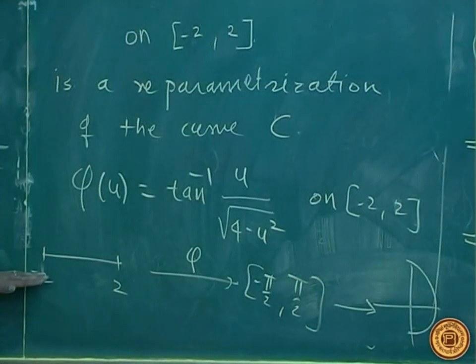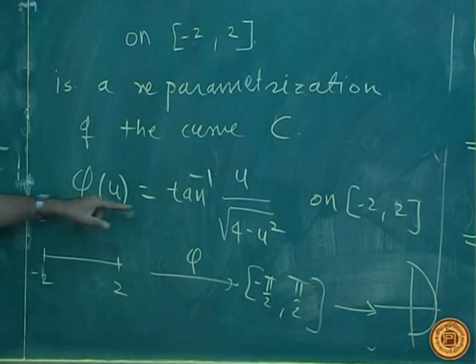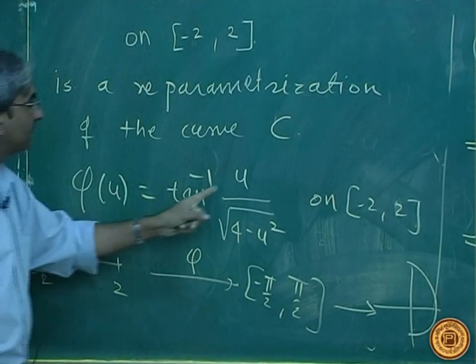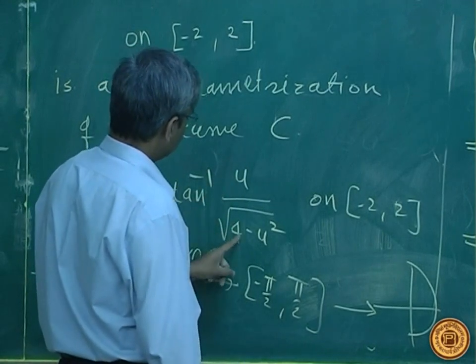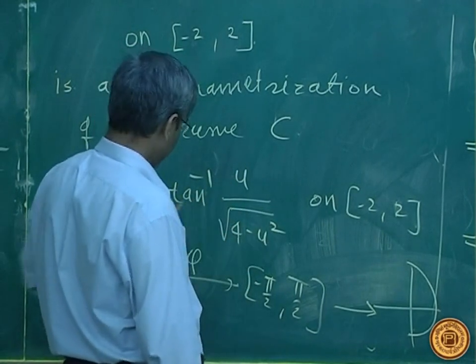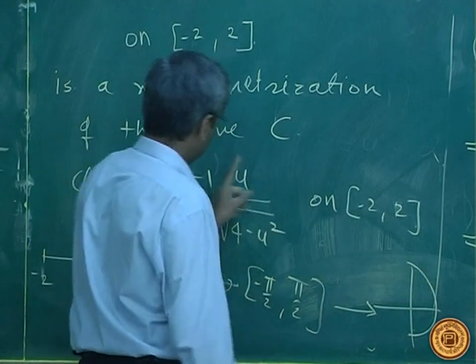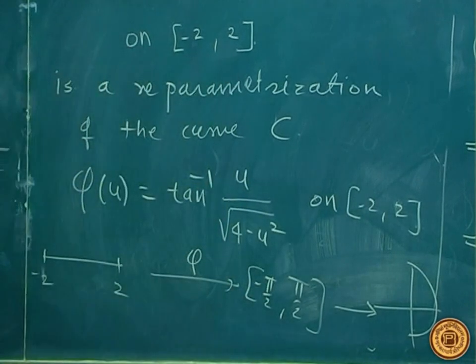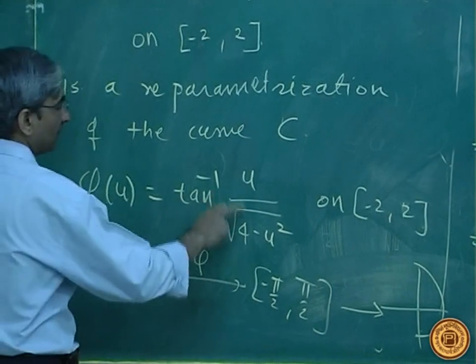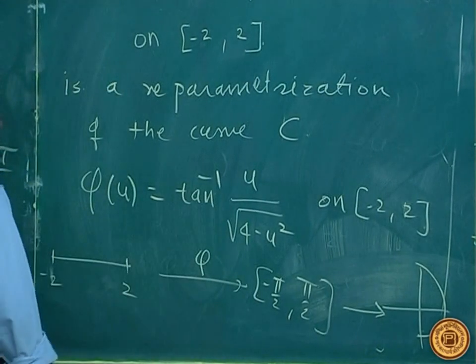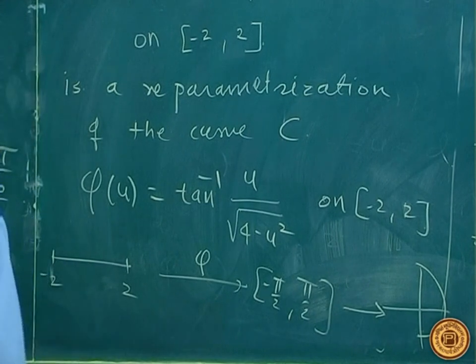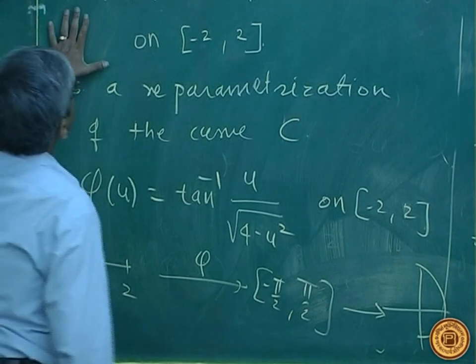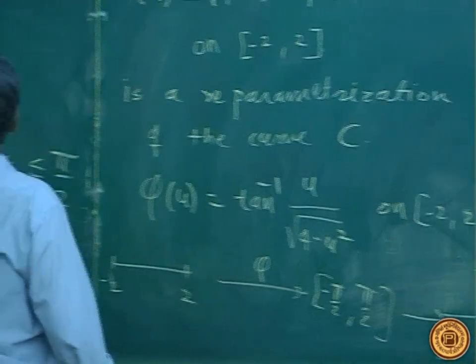Whereas phi, if you take this function, you can later verify that if you put minus 2 and plus 2, it goes to minus pi by 2 and plus pi by 2. So it goes to minus pi by 2 to pi by 2 actually. And this is also a parameterization and this is also a parameterization.